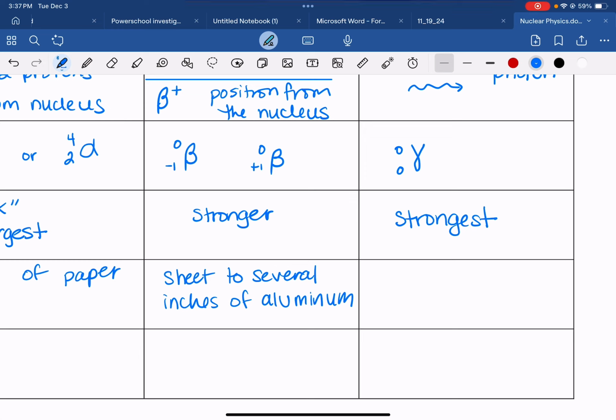This is what requires several inches to several feet of lead in order to shield it. So lead is an extraordinarily stable isotope. A lot of your larger isotopes will continue to decay until they get down to lead.